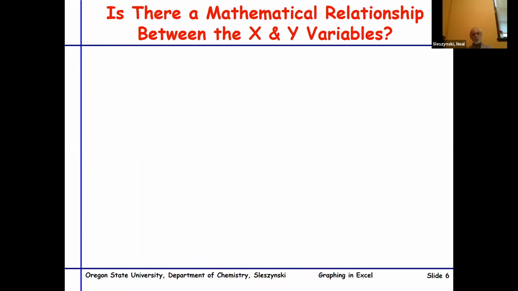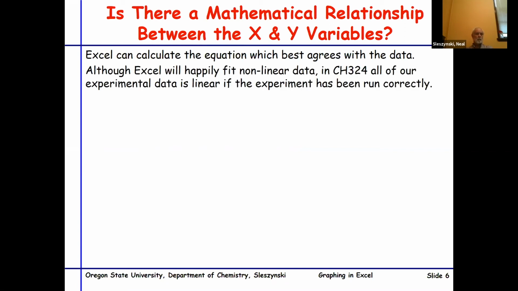Is there a mathematical relationship between the x and y variables? Well, if the dependent variable is truly dependent on the independent variable, then the answer is yes. Excel can calculate the equation which best agrees with the relationship between our x and y variable data.